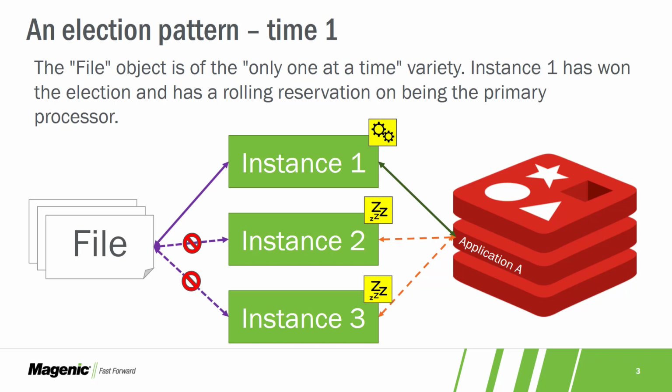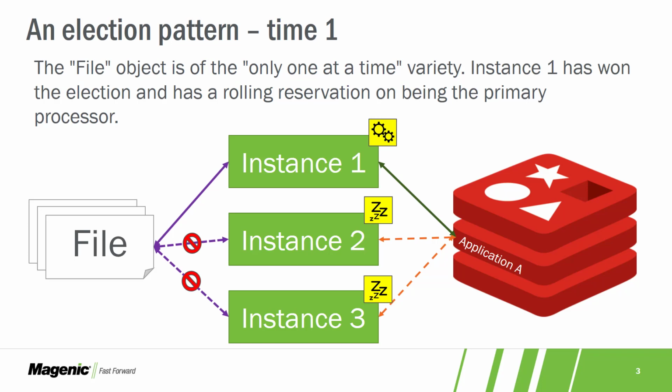So here's our starting state. Instance one has got the ball, and it has what we call a rolling reservation. In other words, it won the election, and every time that it subsequently checks to see that it's still the primary node, that date timestamp is updated as a rolling reservation that instance one still owns the reservation and is processing along.